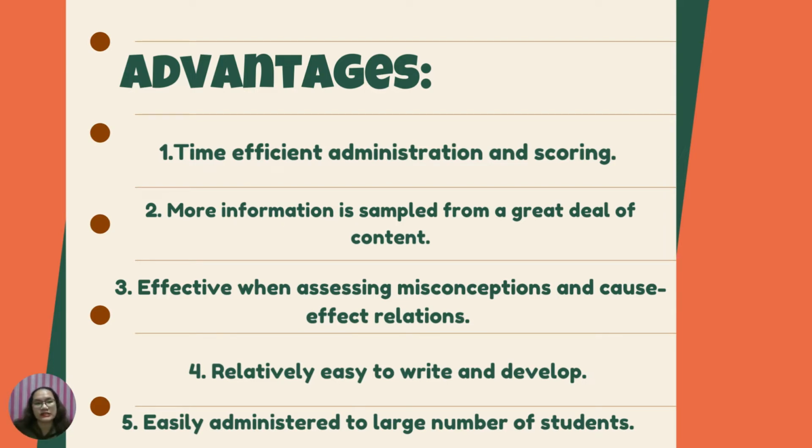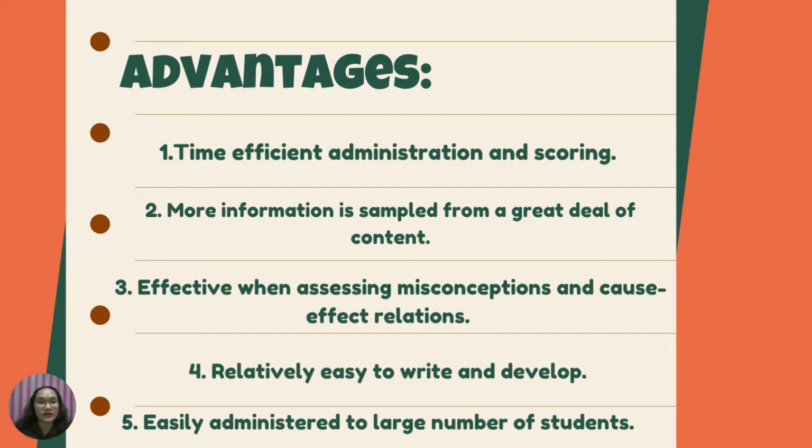So number 1 is time efficient administration and scoring. So meaning to say, when we use true or false test, it is easy for us to administer it. It is time efficient, meaning we are going to use a short span of time in administering the test, and at the same time, we are going to easily score them, or they can easily know their scores.